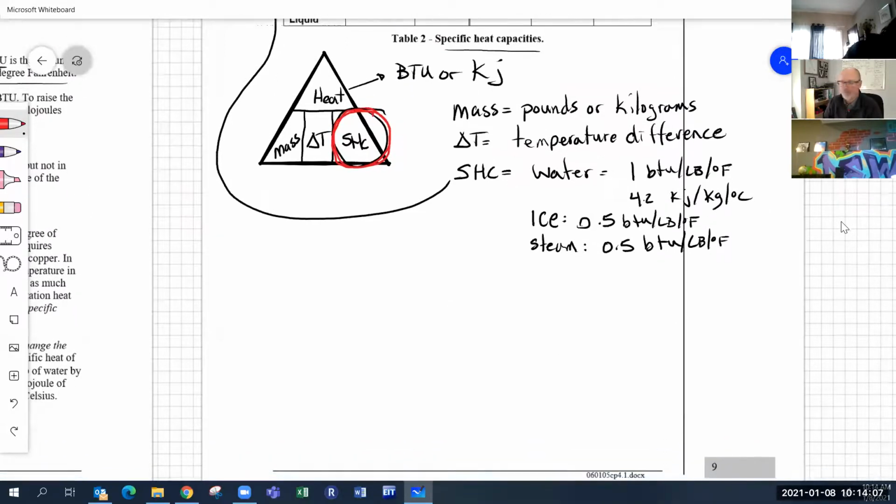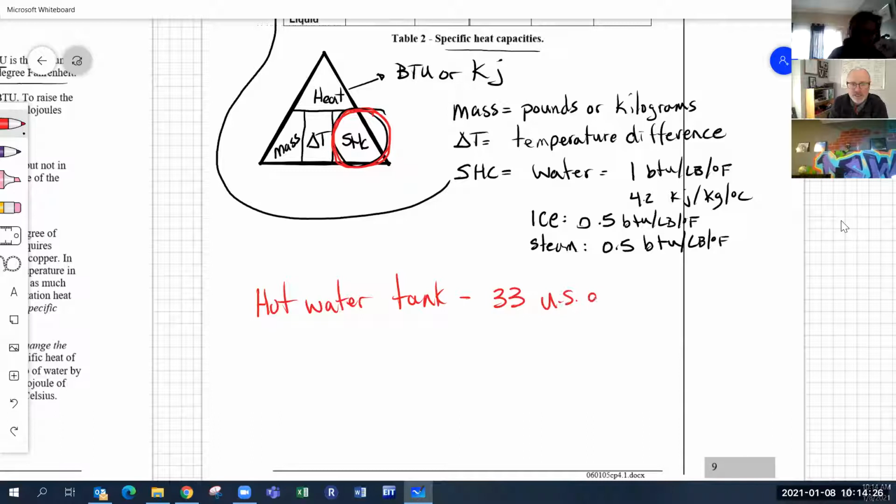For example, if I had a hot water tank, and it was a 33 US gallon hot water tank. It's brand new.